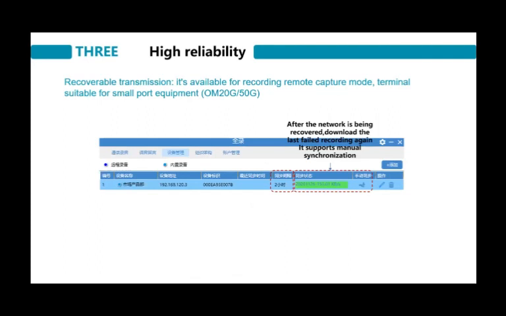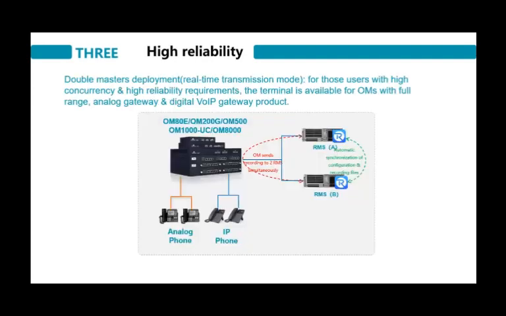Again, we're stressing high reliability because it has a recoverable transmission. It's available for recording remote capture mode. After the network is recovered, you can download the last failed recording again, and it supports manual synchronization, so you can also do that. This is what I mentioned about the double masters deployment.